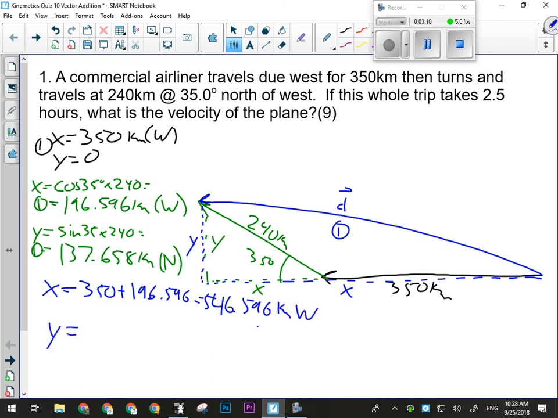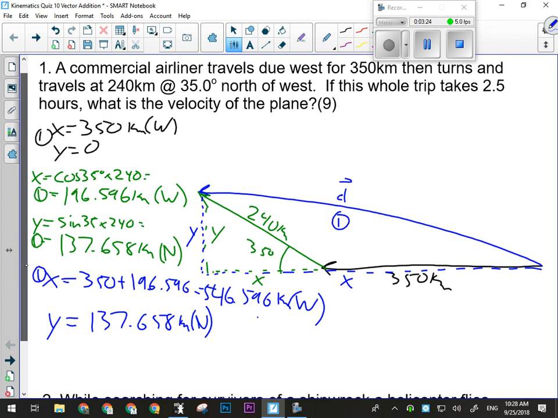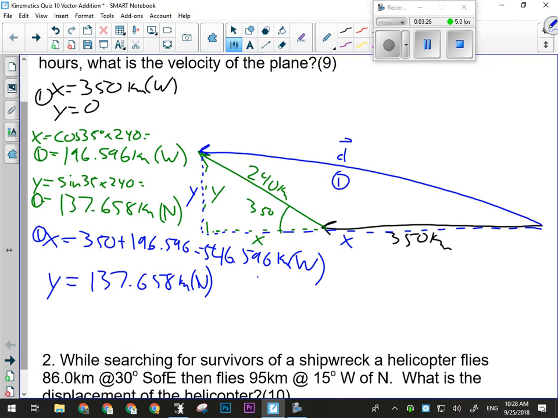Okay, and our Y, so they'll get a mark for X, but not for Y, because Y required no calculation other than what you'd already done. Okay, it's 137.658 kilometers north.